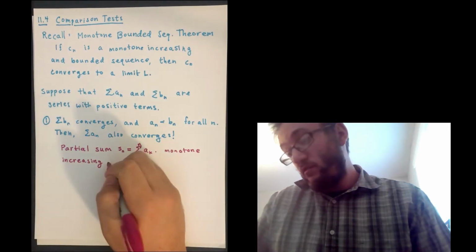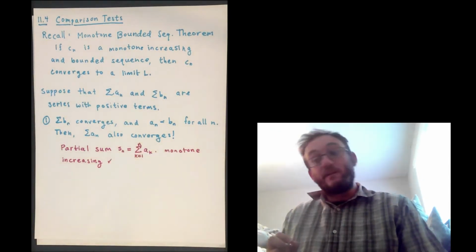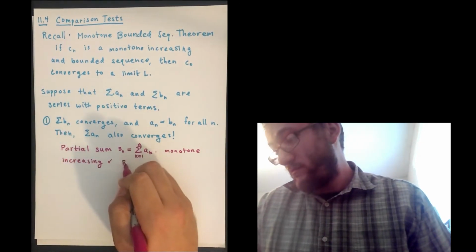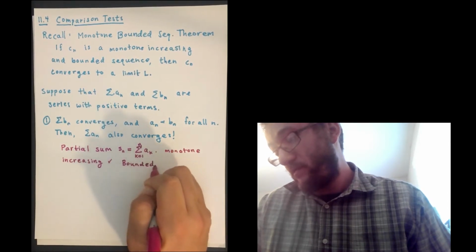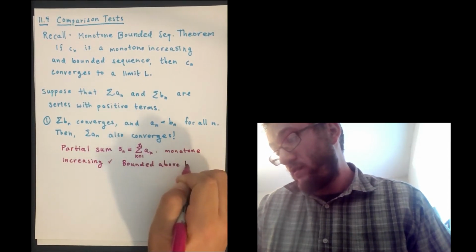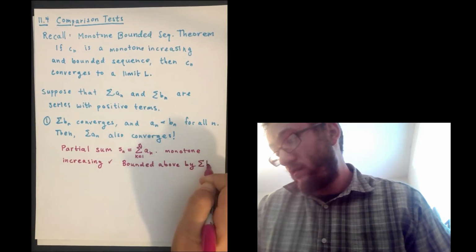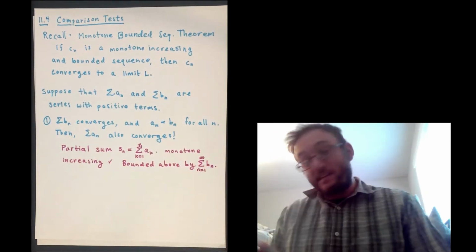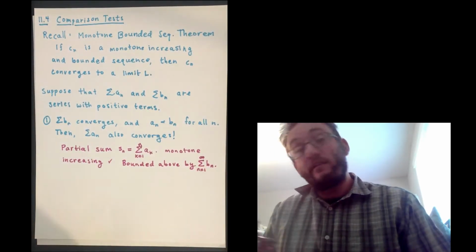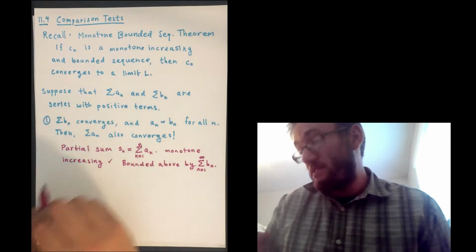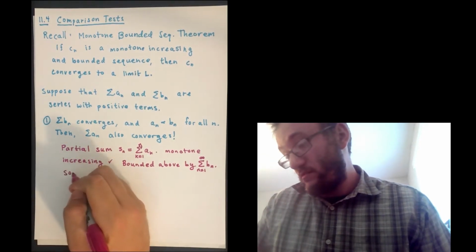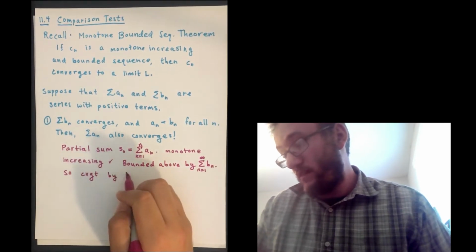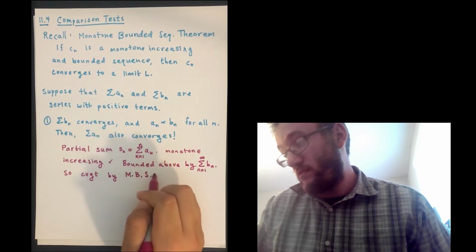And we also know that it's bounded above by the limit of the partial sums of Bn. For that reason, by the monotone bounded sequence theorem, the sequence of partial sums converges, and that means the series is convergent.